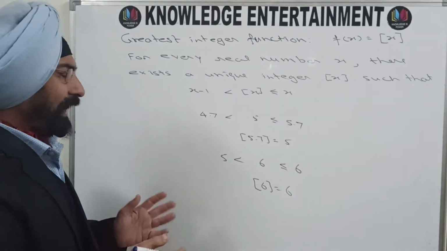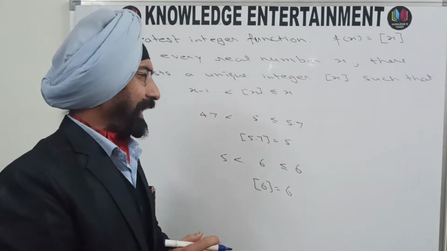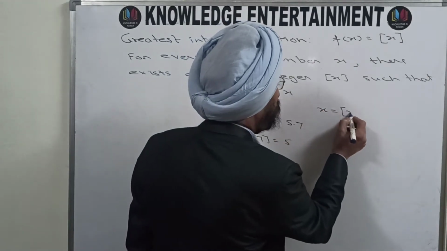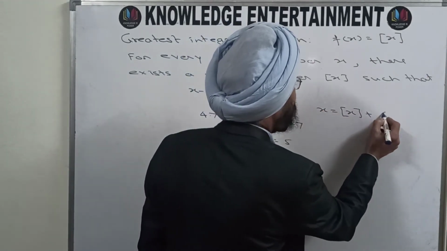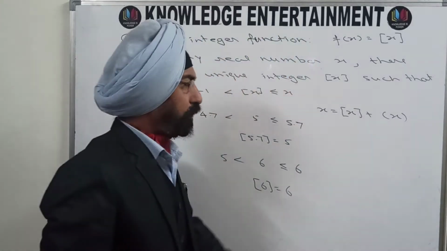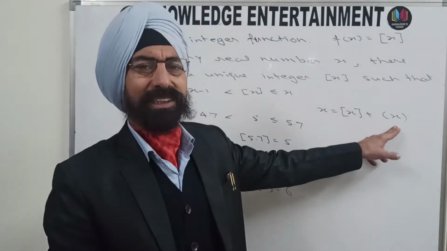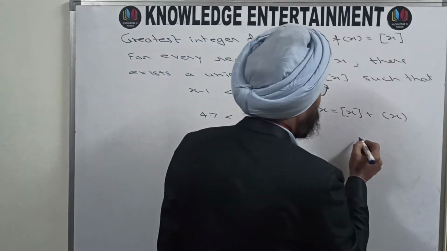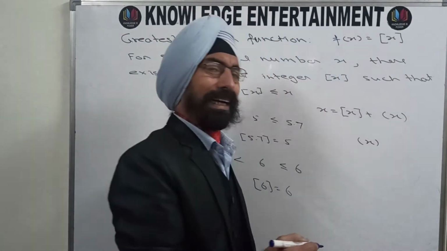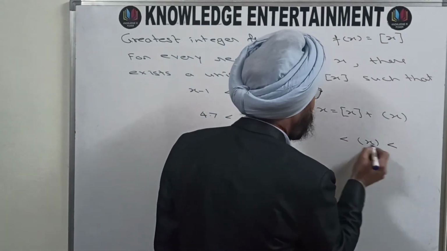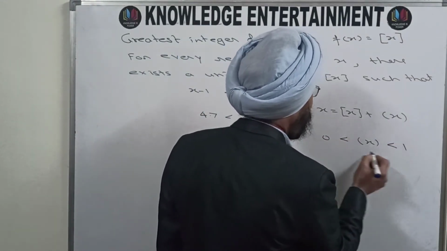In fact, every real number x can be expressed as box x plus round bracket x, where box x is the integral part and this is the fractional part. So fractional part, this round bracket x, is lying between 0 and 1.